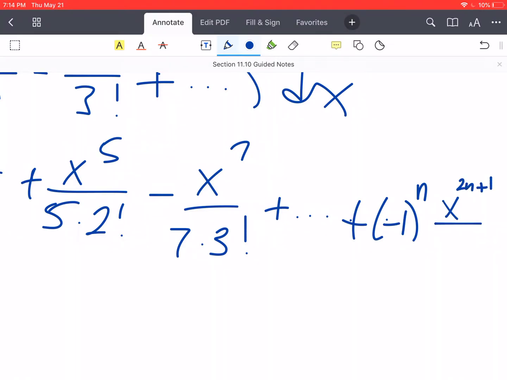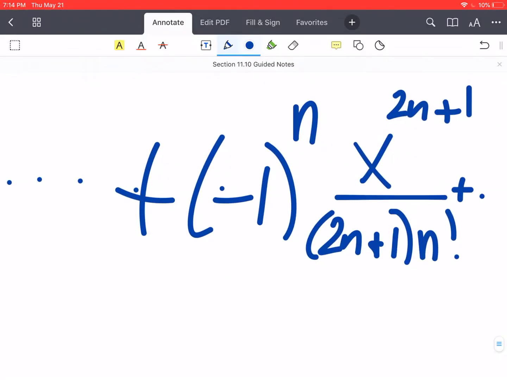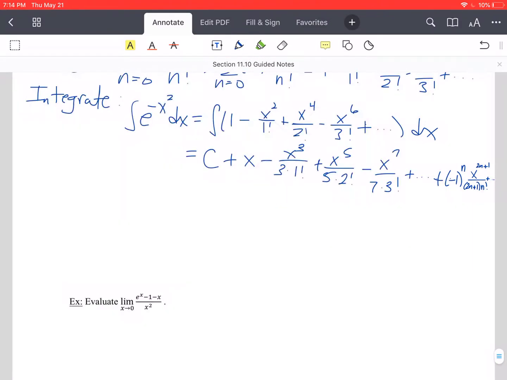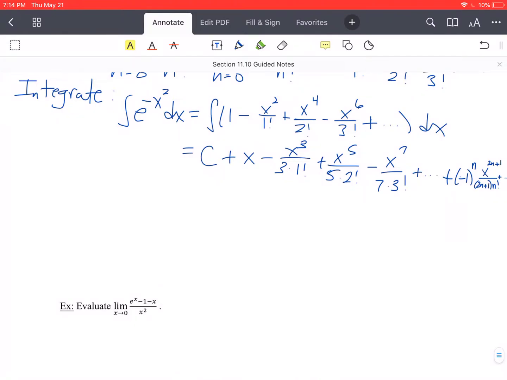Adding 1 to the power, and then dividing by that same number, so 2n plus 1 times n factorial, and then etc. Just showing the general term for that series.